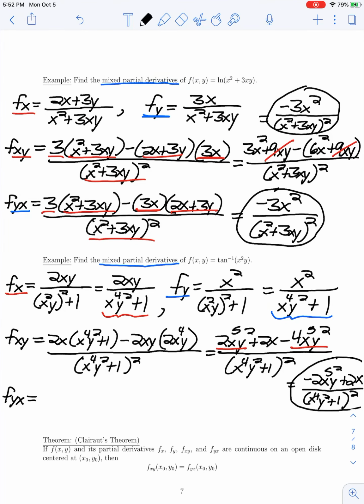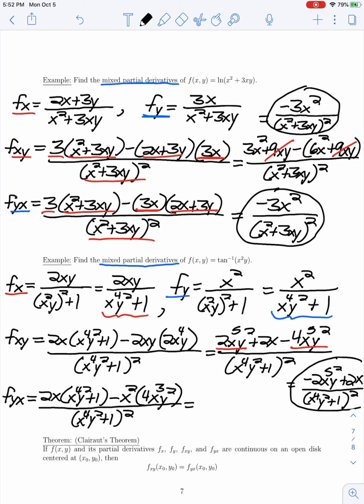So again, by the quotient rule, the derivative of our numerator with respect to x would be 2x times the denominator, x to the fourth y squared plus 1, minus the numerator, which was x squared, times the derivative of the denominator with respect to x, which is 4x cubed y squared, all over our denominator, x to the fourth y squared plus 1 quantity squared.